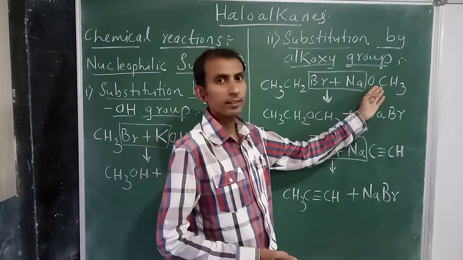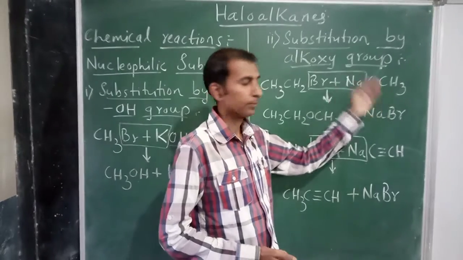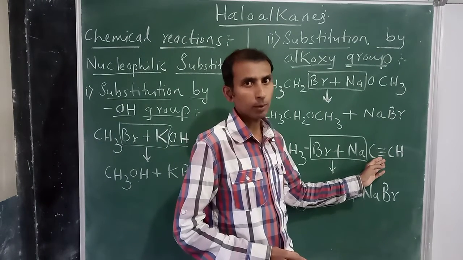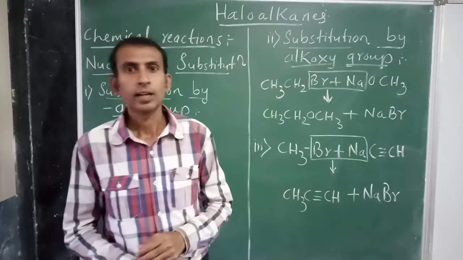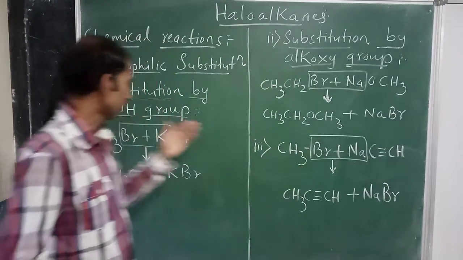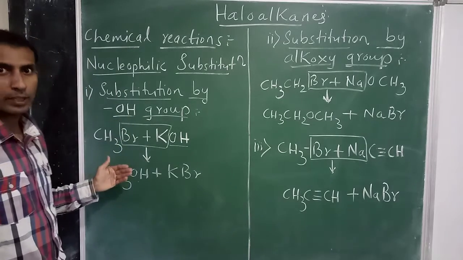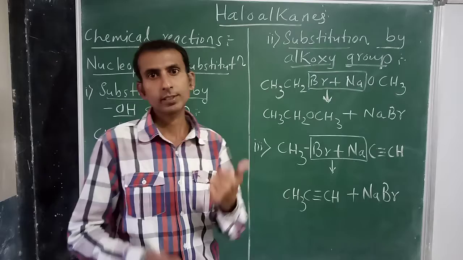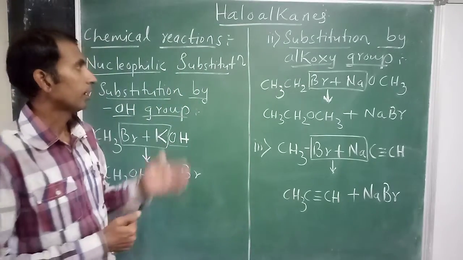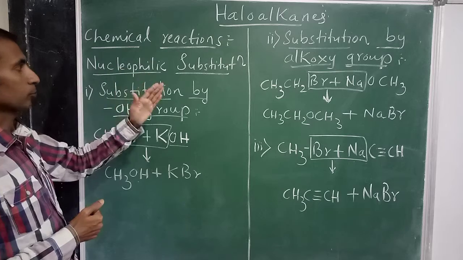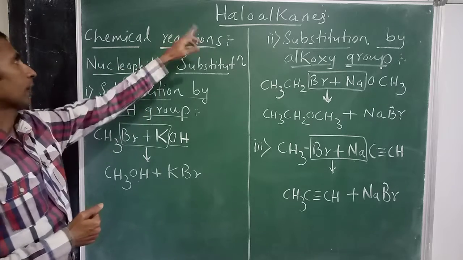Here the nucleophile in the second reactant is OCH3, and here it is C triple bond CH. And these are stronger nucleophiles as compared to the halogen atoms in haloalkane. That's why they can substitute the halogen atoms, and that's why they are under this category, nucleophilic substitution reactions of haloalkanes.